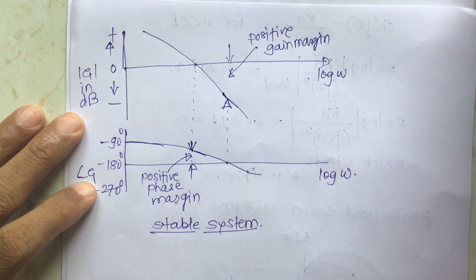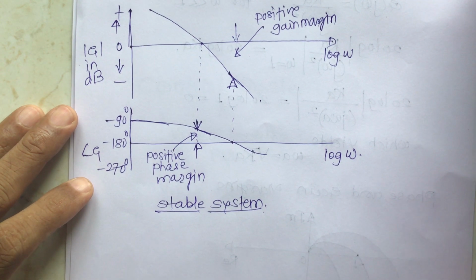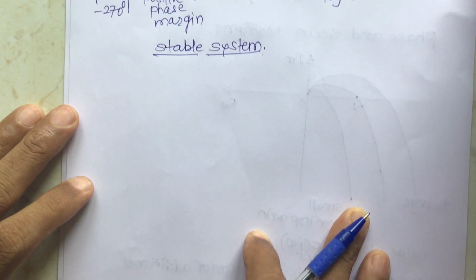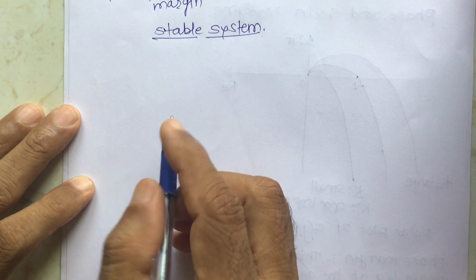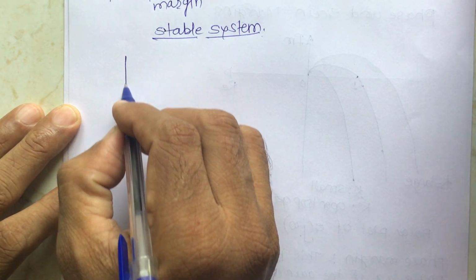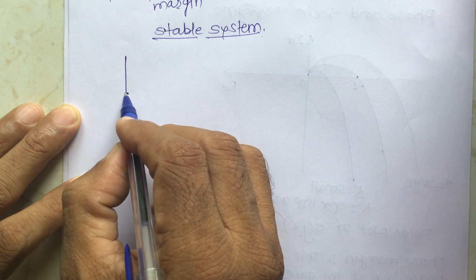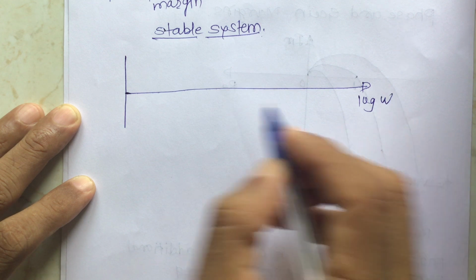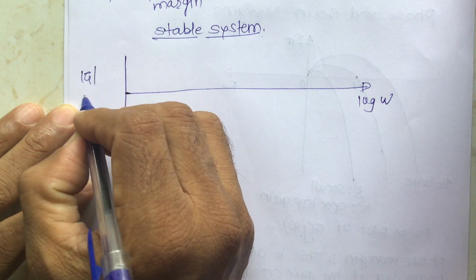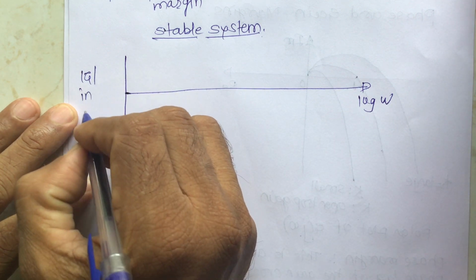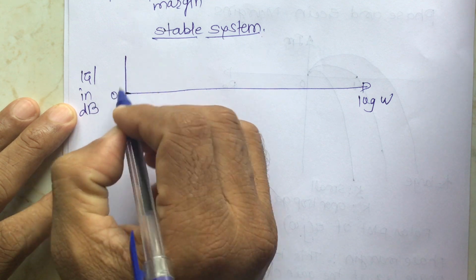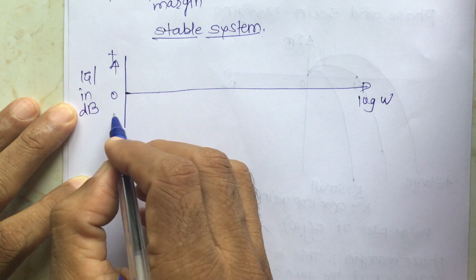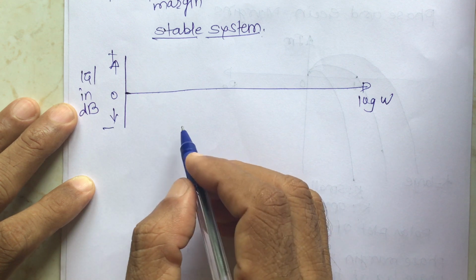Okay, so we'll again see these plots for the unstable systems. We'll again draw the same. This is the log omega, this is the magnitude of G in dB, 0 dB line, in this side there is plus, then this side there is a negative.